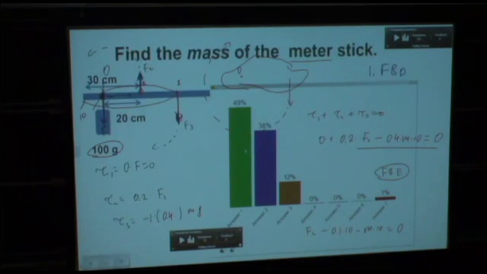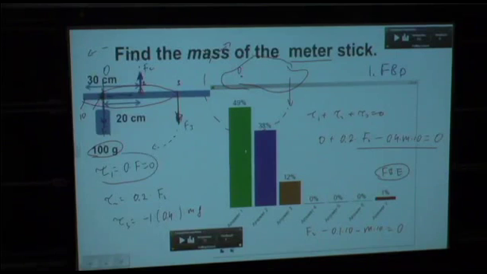So, there is another option, which I recommend trying first, which is choosing a different axis. Because we have flexibility, we can choose the axis in such a manner that the torque of an unknown force can be eliminated.